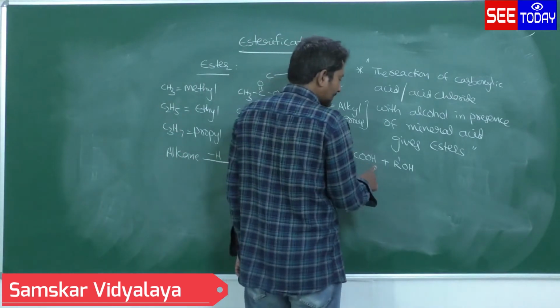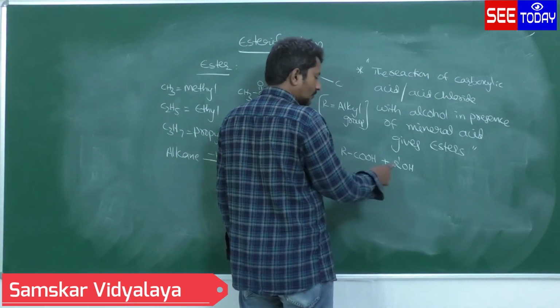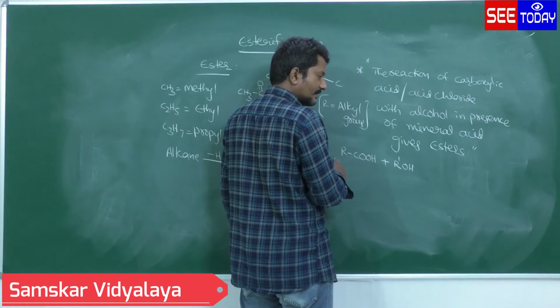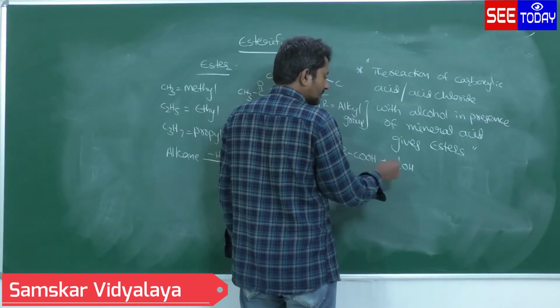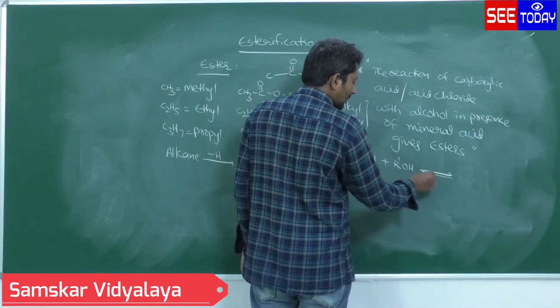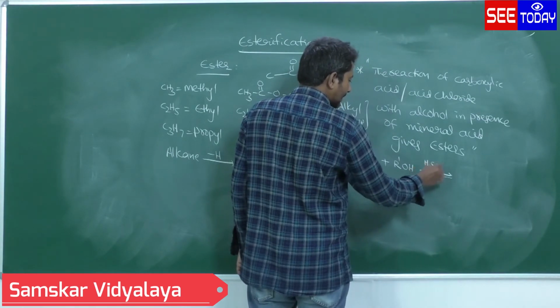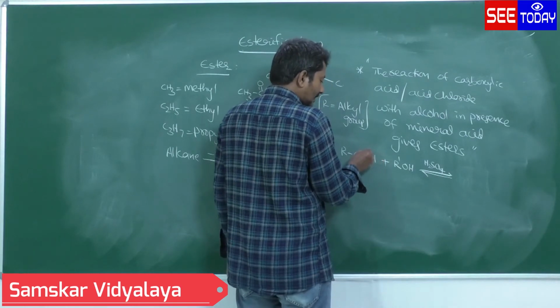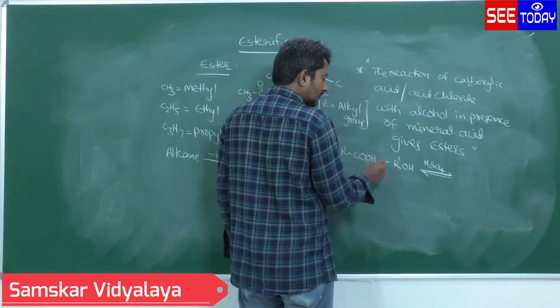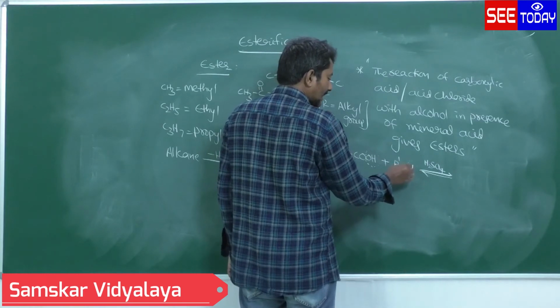So RCOOH plus R prime OH means both alkyl groups are not the same. They are different, that's why I am using the prime. RCOOH plus R prime OH in the presence of H2SO4. Then what happens? From the carboxylic acid the OH group is removed, and from the alcohol the hydrogen is removed.